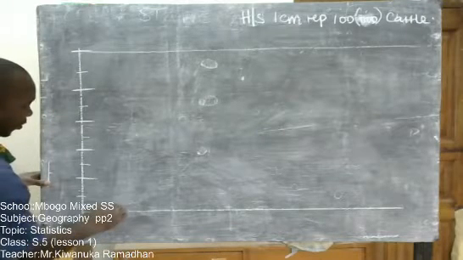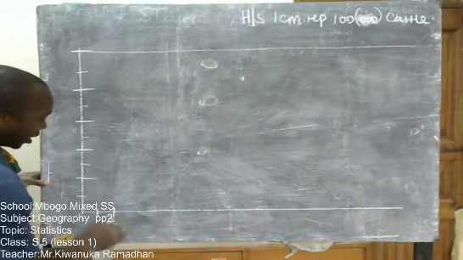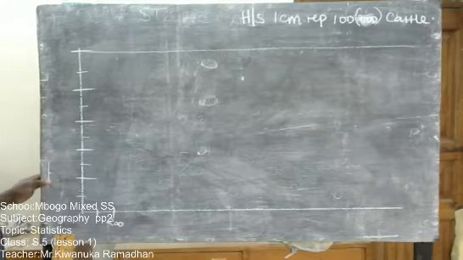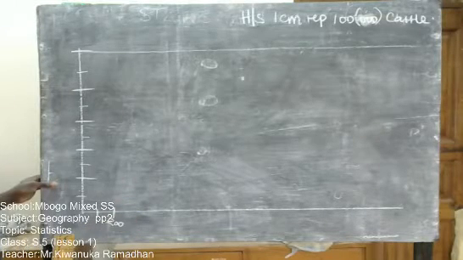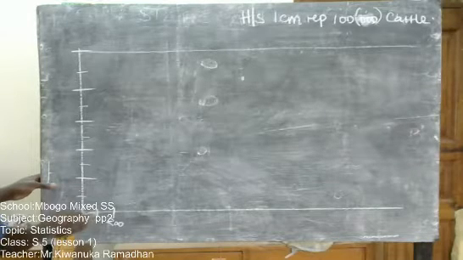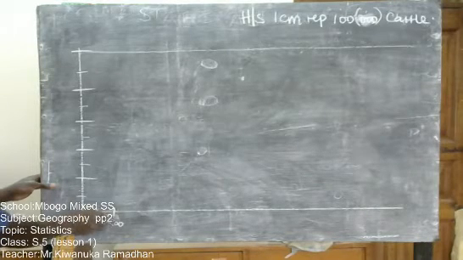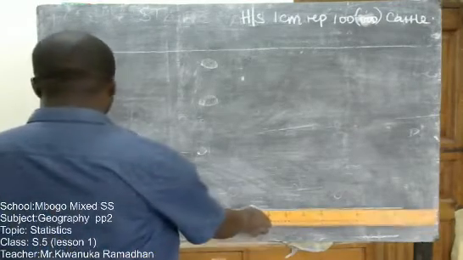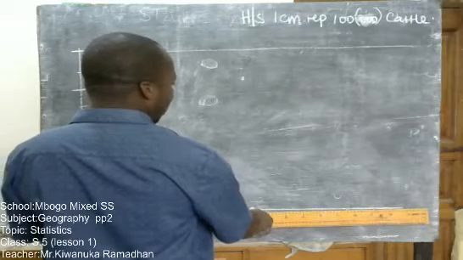Therefore, at 2, it is going to be 200, like that. Each 1 centimeter is 100. So when we add 100 plus 100, it becomes 200. So we try to break those divisions.